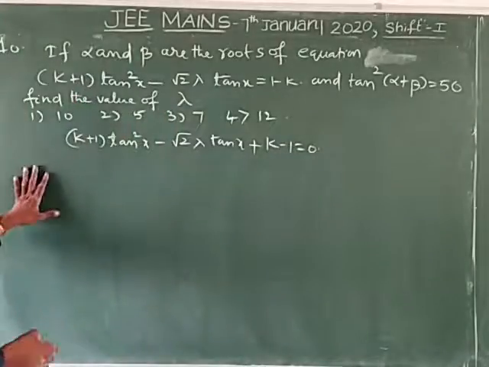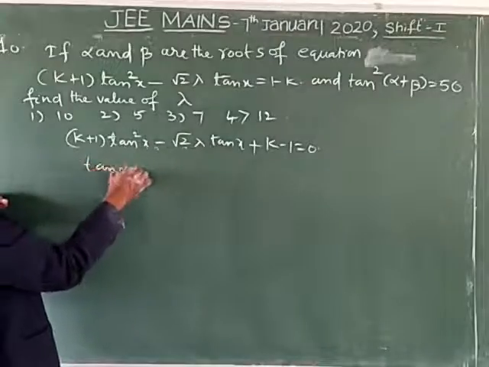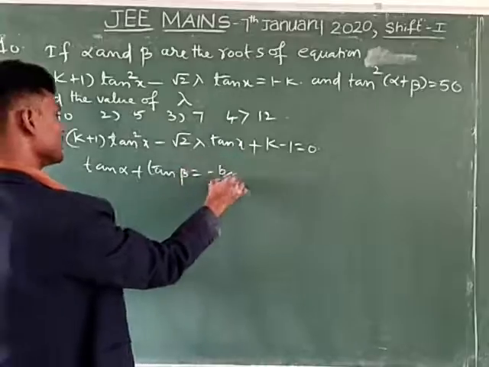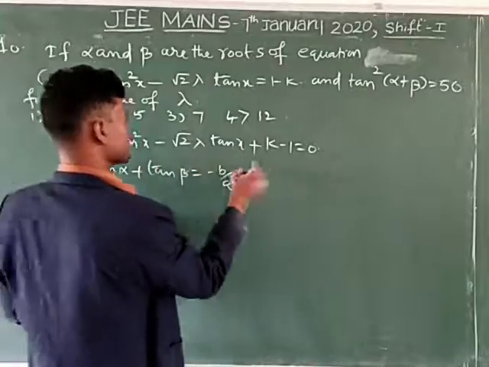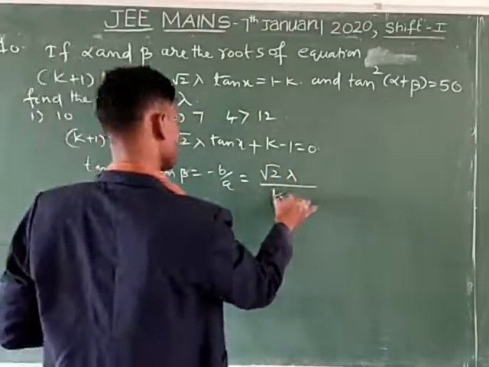Now alpha and beta are the two roots. Alpha and beta roots means tan alpha plus tan beta, the sum of the roots, is equal to minus b by a, which is root 2 lambda by k plus 1.